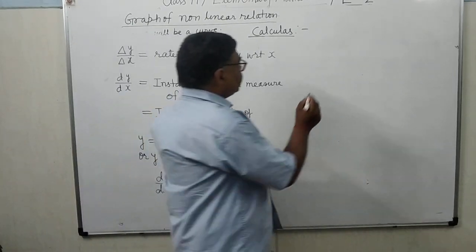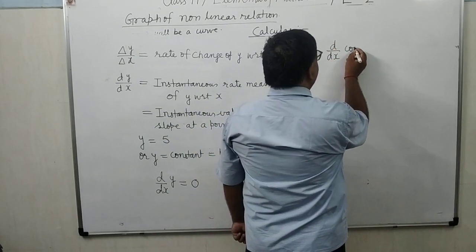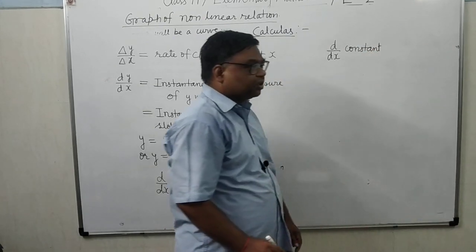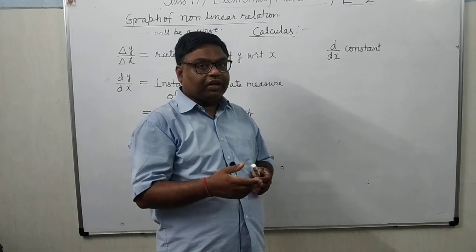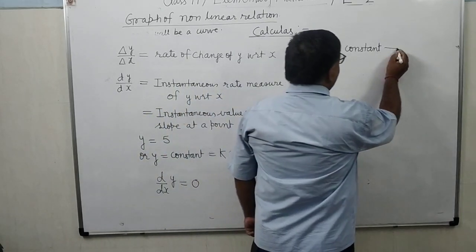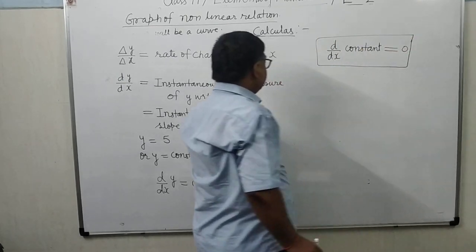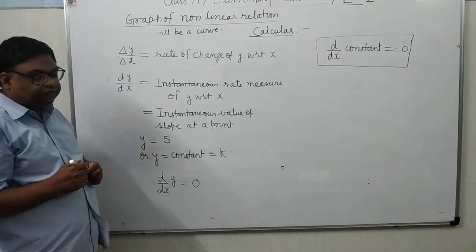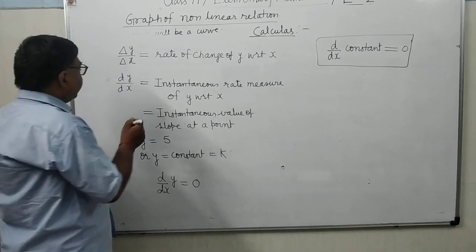So remember this: d by dx of a constant, means some number, d by dx of 5, d by dx of 7, that will be 0. One more thing which I forgot to tell you: this is also known, in mathematics, as the differential coefficient of y with respect to x.